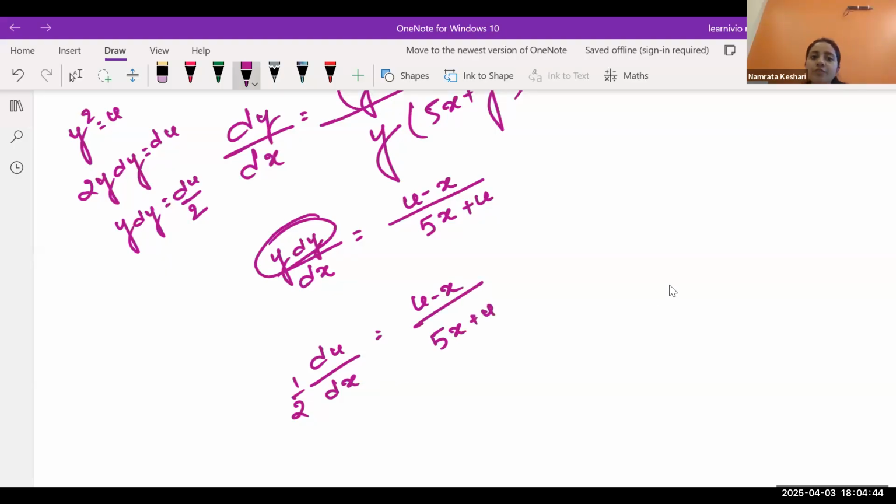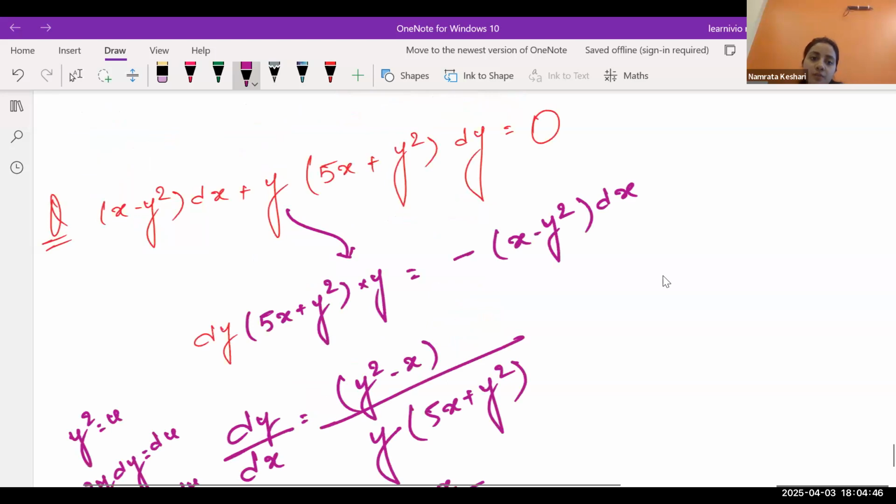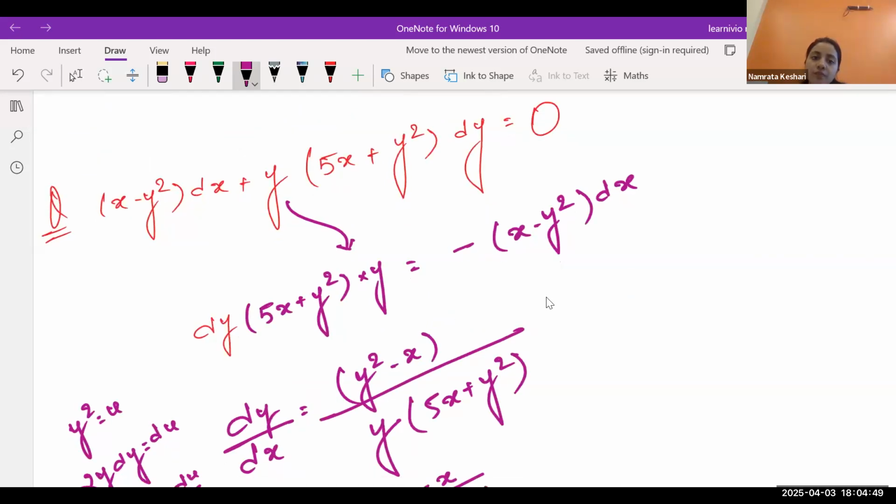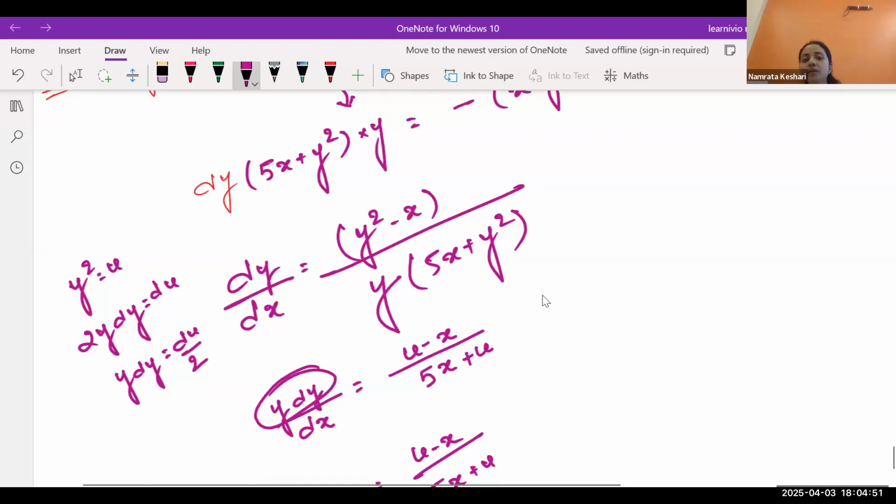See, at first it was not homogeneous. We checked the highest power in the numerator and the highest power in the denominator, that was not the same, and we realized that it is not homogeneous. It is not variable separable as well, because if you try separating the variables, you won't be able to take all the y's together and all the x's together.